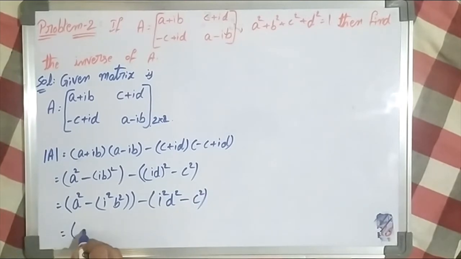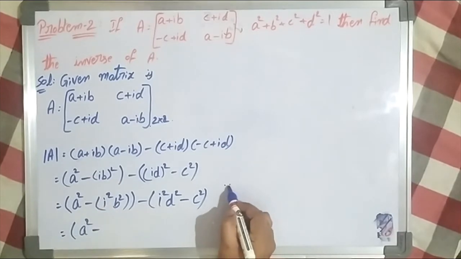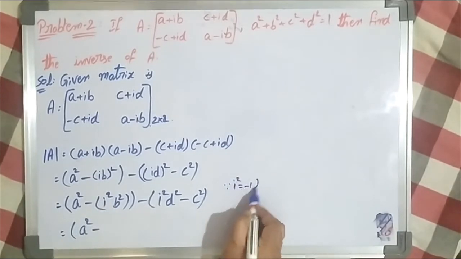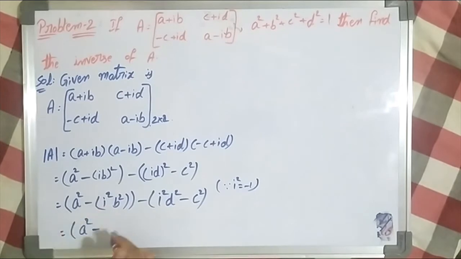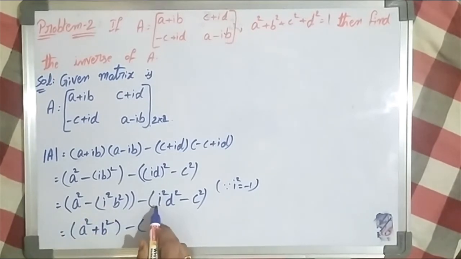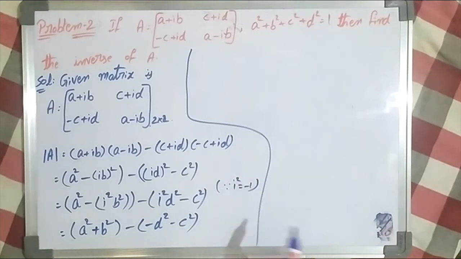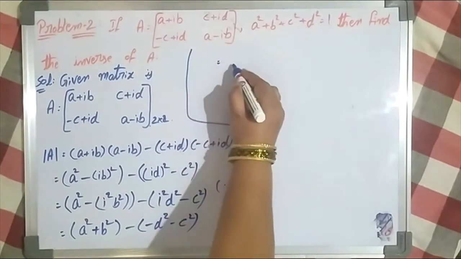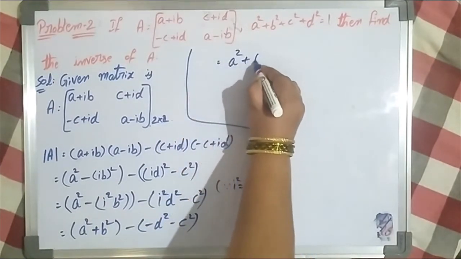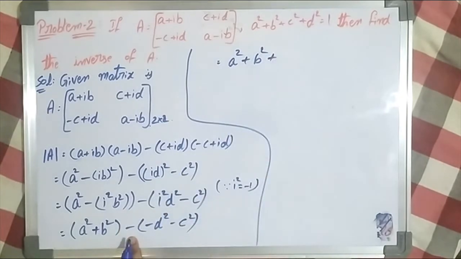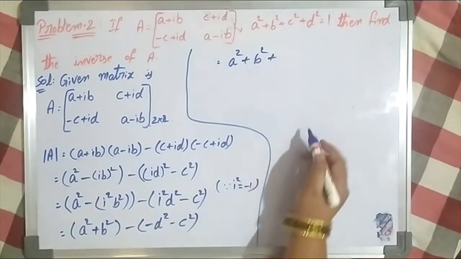That is equal to a square minus, i square value is nothing but minus 1, into minus, plus b square minus of, here also i square value minus 1, then minus d square minus c square. That is equal to a square plus b square, we multiply the minus into minus plus, d square plus c square.